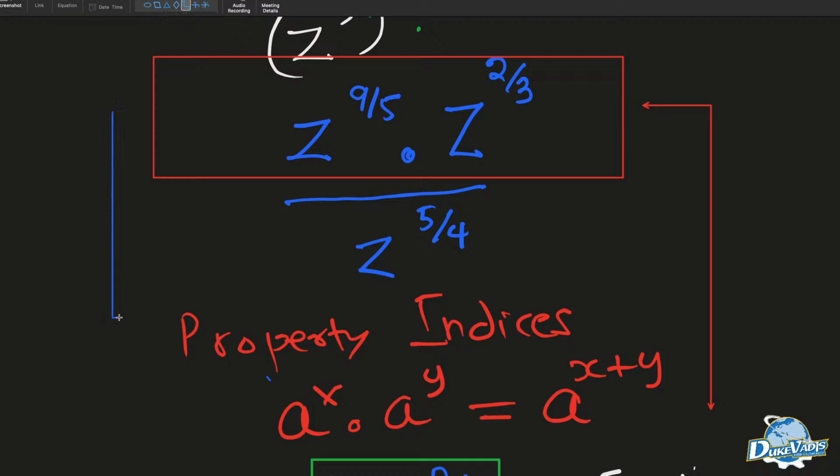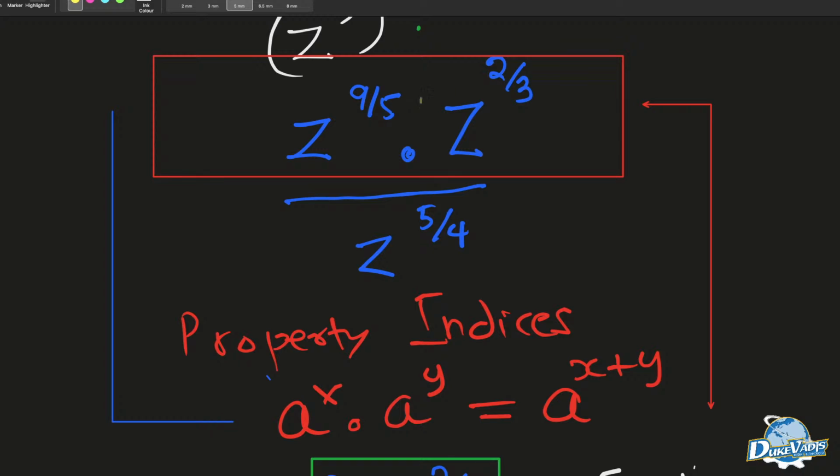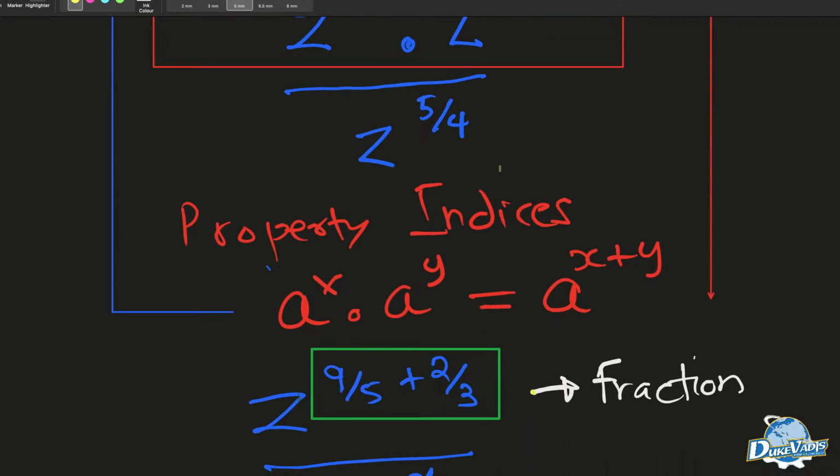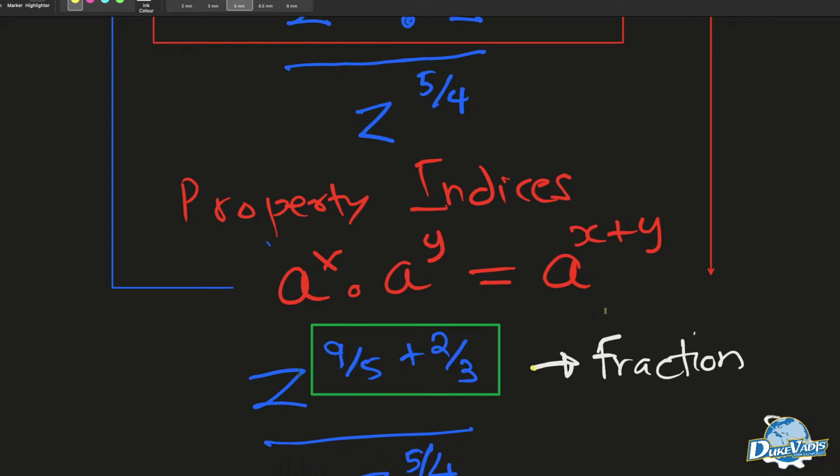I have to apply the rule, because I know z to the power 9/5 multiplied by z to the power 2/3. It's just fractions I'm seeing over here, but since we have z and z being the same, we are applying the property of indices. The product rule: a raised to the power x times a raised to the power y is given as a raised to the sum of the exponents.